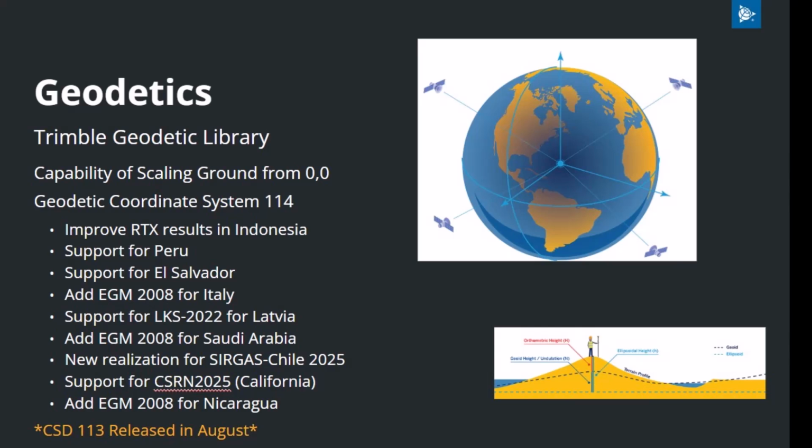We added the EGM 2008 for Italy, and there's some support for Latvia, Saudi Arabia, and some CSRN 2025 for California support, as well as the EGM 2008 for Nicaragua. So have a look at that. Make sure your Trimble Geodetic Library is up to date for all these new supported and enhancement updates.